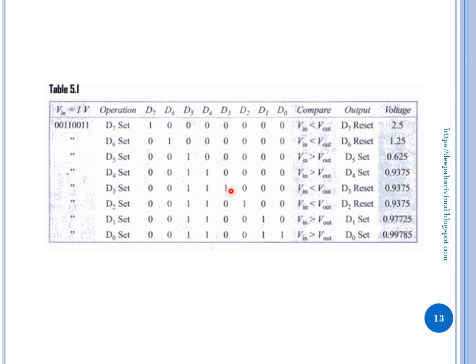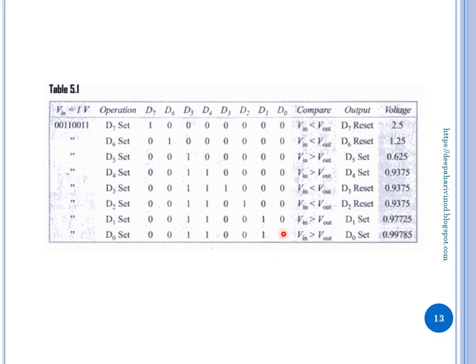Next D3 is set, Vin is less than Vout in this case, so D3 is reset, and in the same way next D2 is set, Vin is less than Vout, so D2 is reset, D1 is set, Vin is greater than Vout in this case, so D1 is retained there in the set condition.